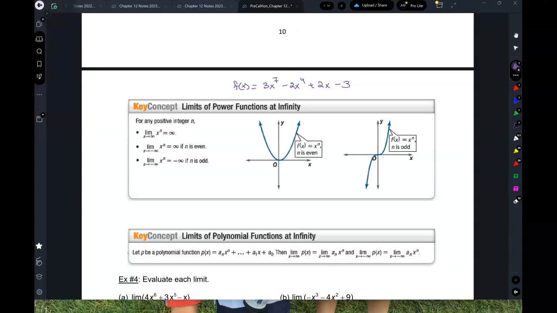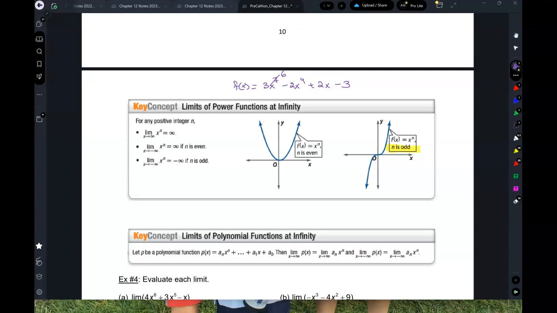So as x approaches infinity, this is just a power function with an odd exponent, and this is what the graph looks like. Now, if instead you had something that started with a 6, then everything else is negligible.